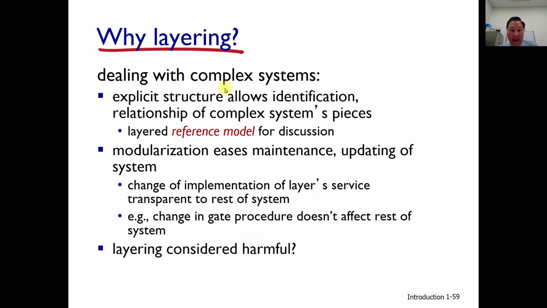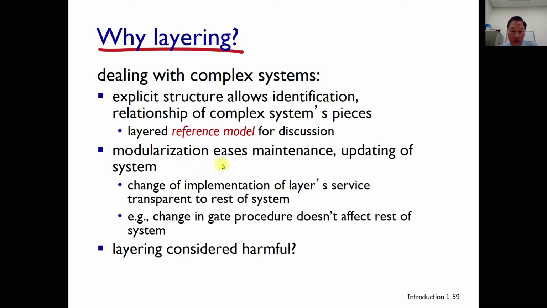Why do we need layering? We can deal with complex systems with this scheme. Explicit structure allows identification and relationship of complex system pieces. A layered reference model we can use for discussion, for simplification and for better understanding. Also, with this layering, we can modularize.